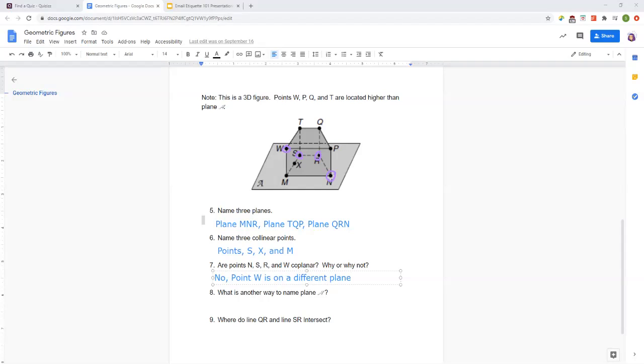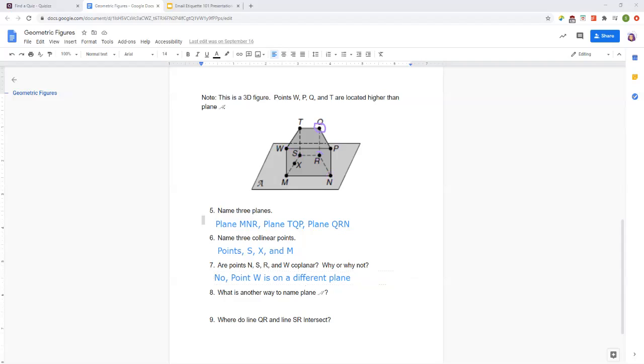And where do line QR and line SR intersect? So again, that trick that I told you about earlier would work. You have QR and SR. The common letter that you see between those 2 things is R. It has to be R, but we're going to look at the diagram and make sure it's correct.